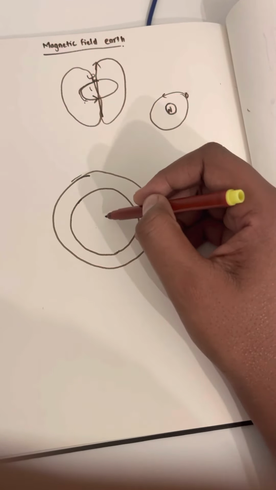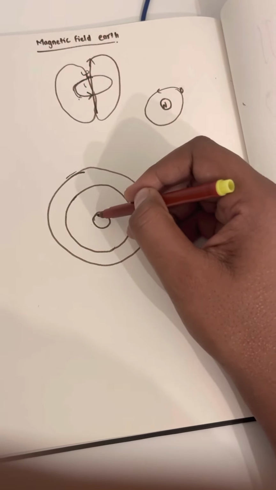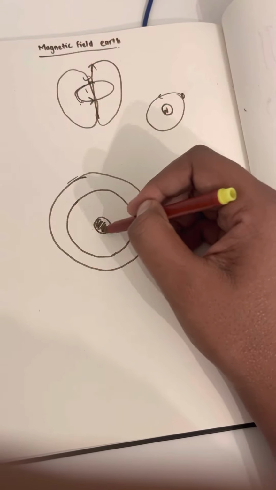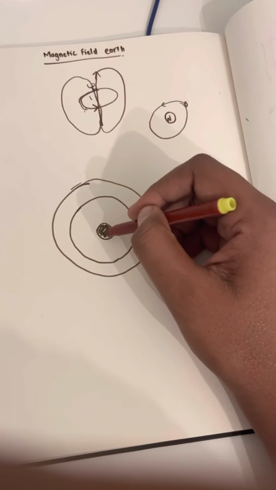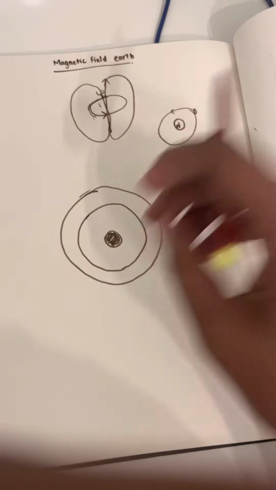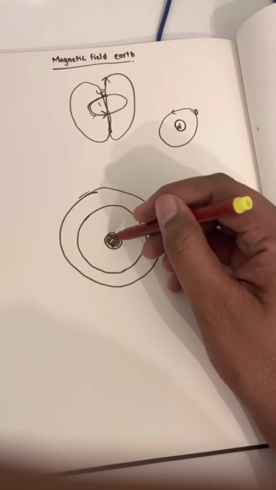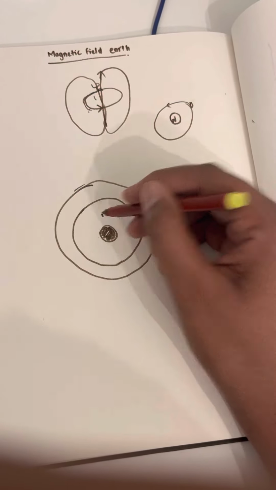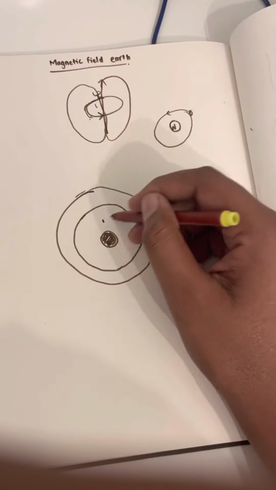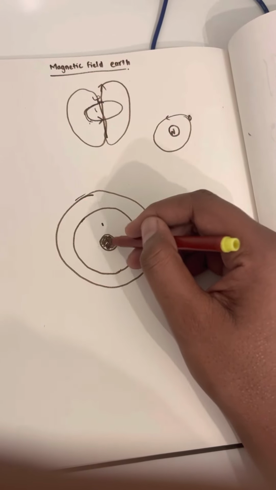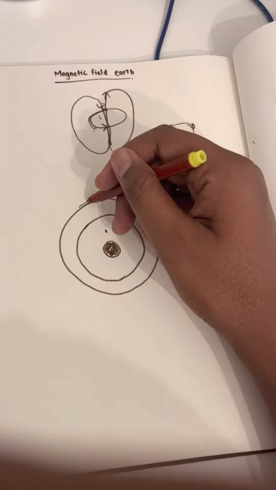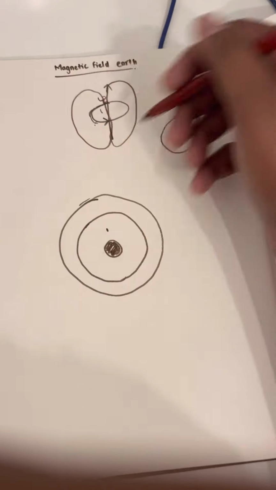And in the center of the Earth you have something called the inner core, which is solid iron. All the heat is kind of generated from here, and in between you have the molten iron. So this is the fluid iron, this is the solid iron, and then you have the mantle, then the crust, and we live on top.